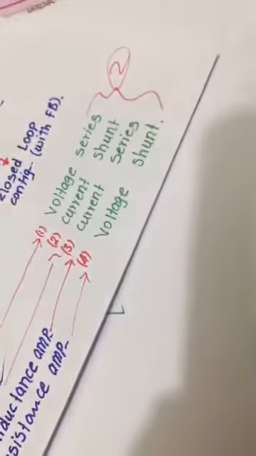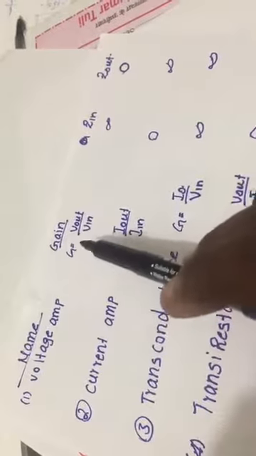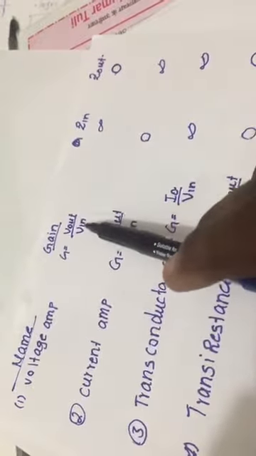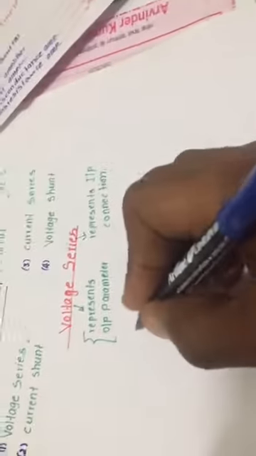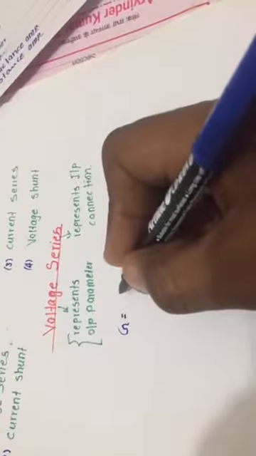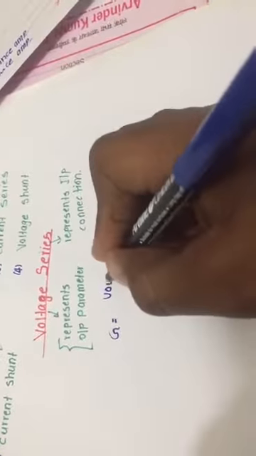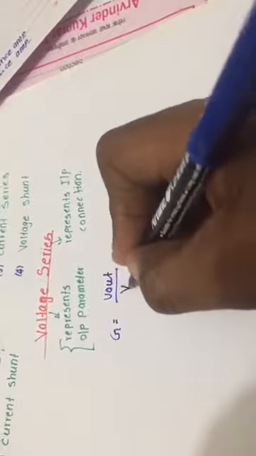We filled one table which says that in a voltage amplifier, gain is equal to V output divided by V input, but in this case we have feedback, because we are using closed loop. So we will get our gain as voltage output divided by voltage source.